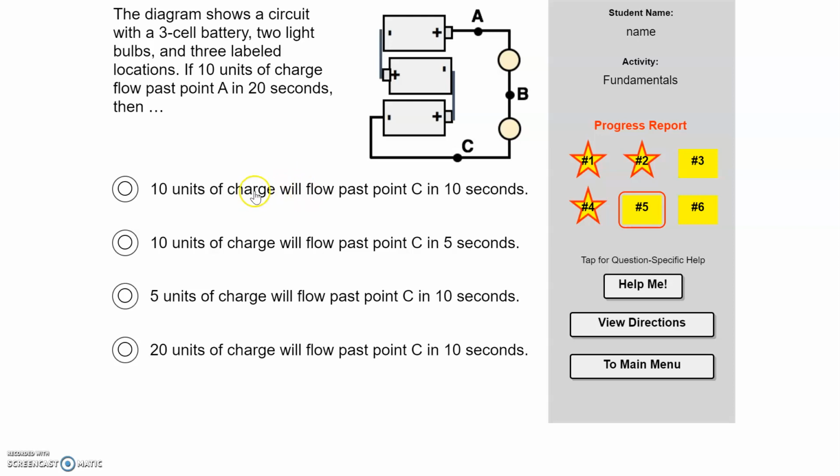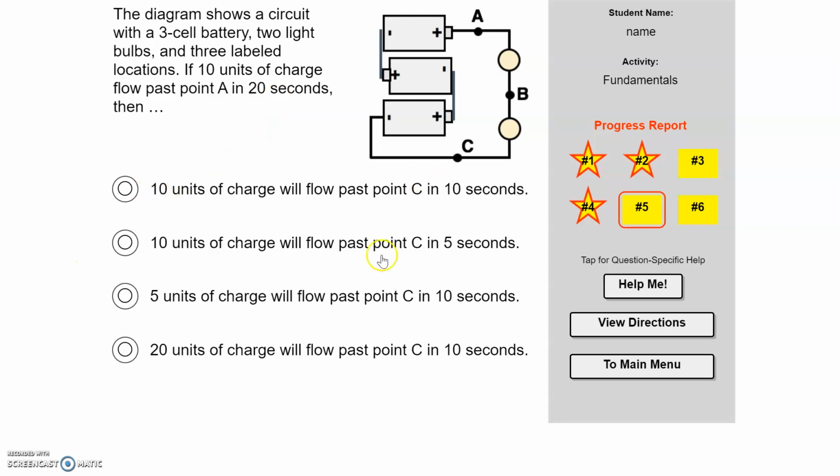Okay, now this is just a simple math relationship. It says the diagram shows a circuit with a 3-cell battery, 2 light bulbs, and 3 locations, A, B, and C. If 10 units of charge flow past point A in 20 seconds, then 10 divided by 20 is 1/2 or 0.5.